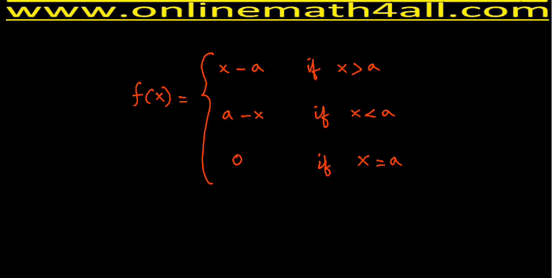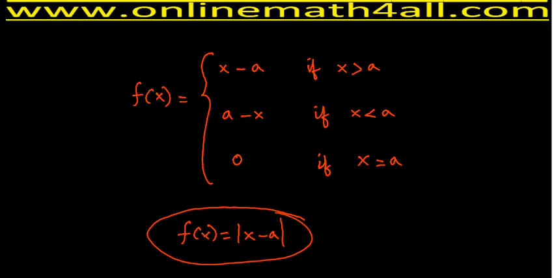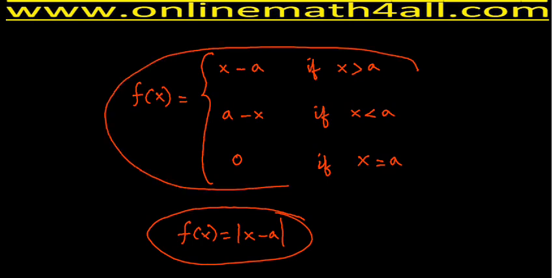So this is the piecewise function of the absolute value function, that is f of x is equal to absolute value of x negative a. So this is absolute value function, and this one is piecewise function. So this absolute value function has been redefined, and we got the piecewise function.